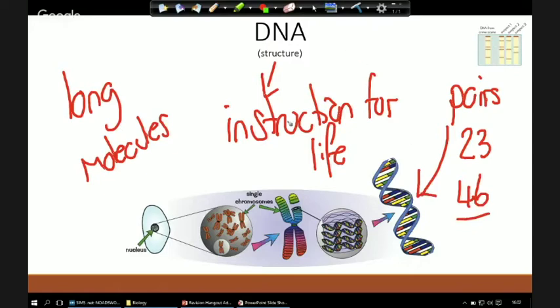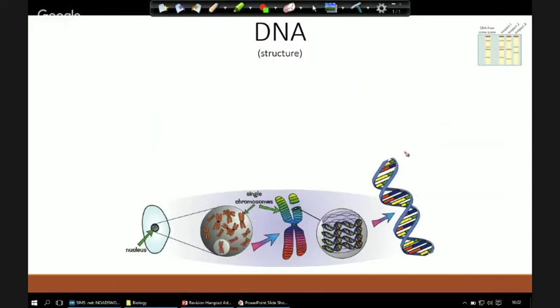And specifically, a small segment of DNA is known as a gene. And this goes to code for something. It normally codes for a particular protein. The final thing around the DNA and the DNA structure is where we find it.